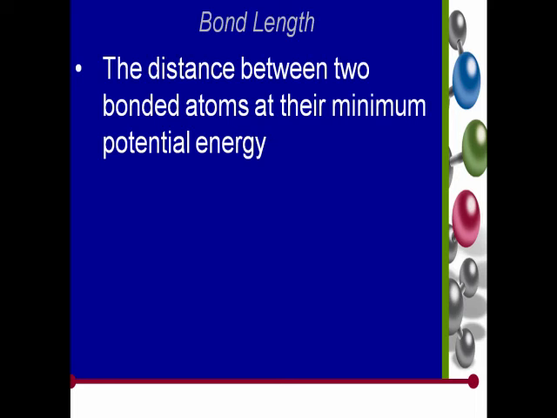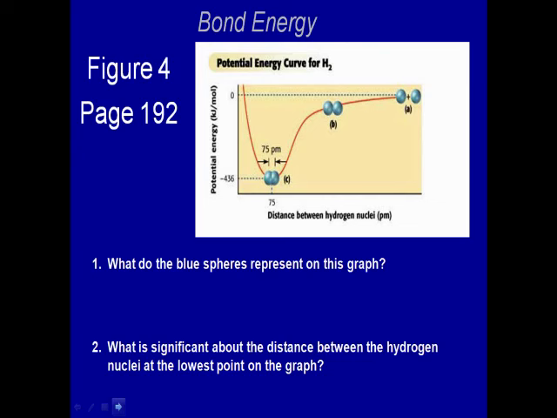Bond length is defined as the distance between two bonded atoms at their minimum potential energy. So we are going to look at figure 4 on page 192 of your textbook and look at the bonding of two hydrogen atoms. So the two blue spheres here on the graph represent two individual hydrogen atoms.